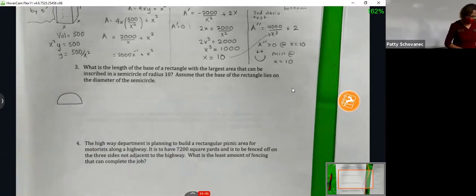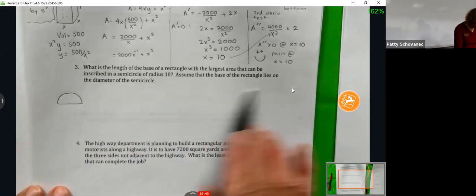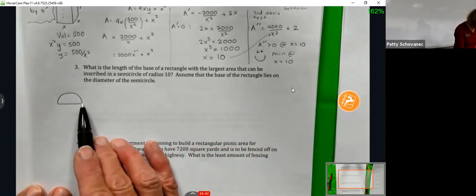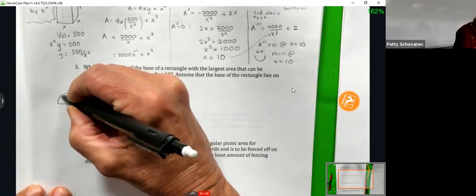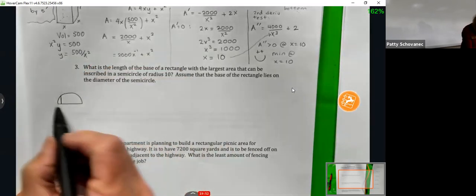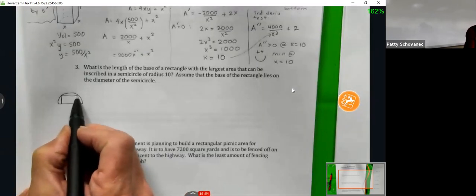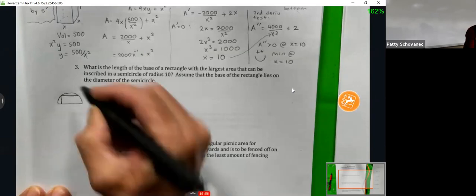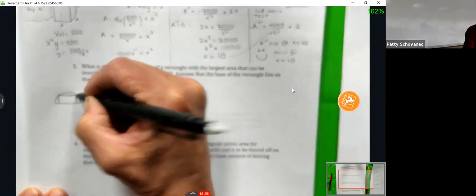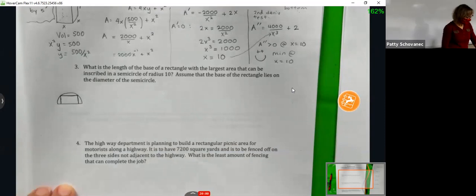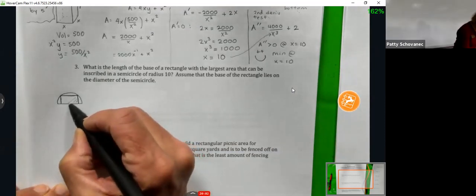And then we're going to stick a rectangle in there. And let's see, the base of the rectangle lies on the diameter of the semicircle. So maybe it does something like this. There's our rectangle.